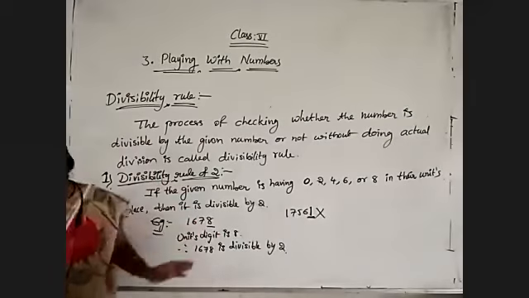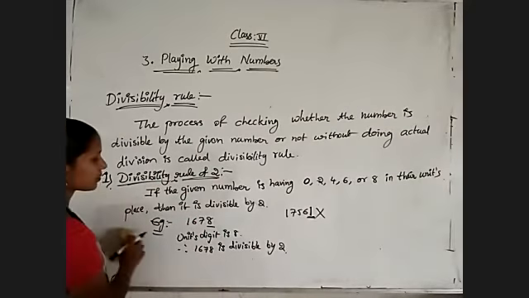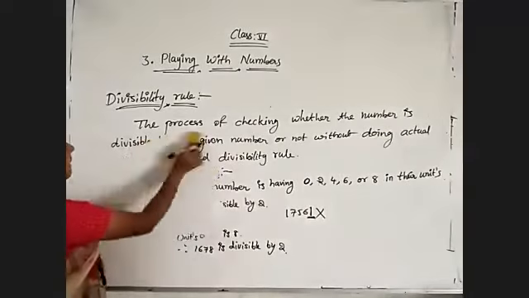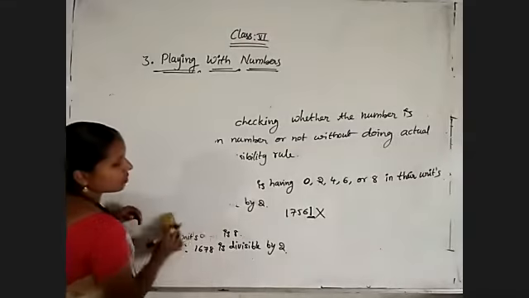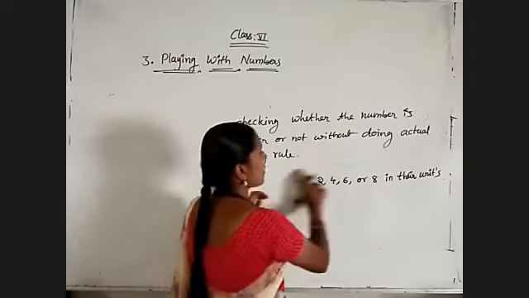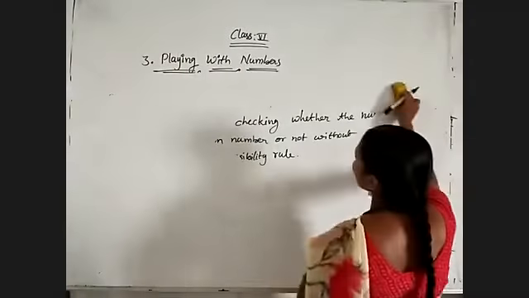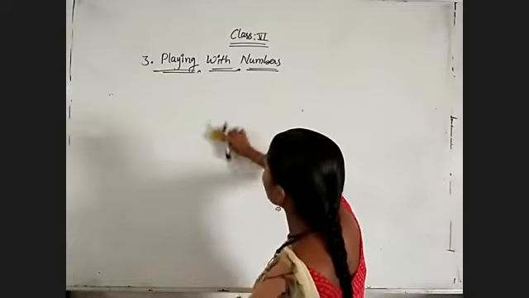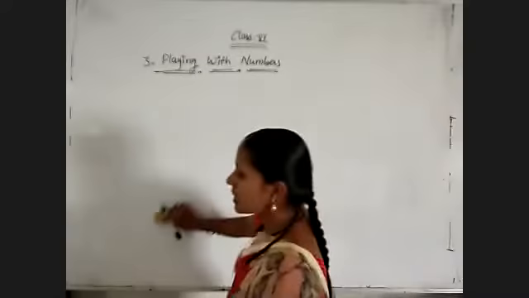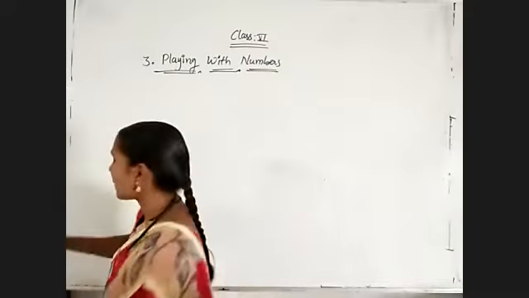Some examples I will give you. So what is the divisibility rule of 2? If a number is having 0, 2, 4, 6 or 8 in its unit place, then it is divisible by 2, otherwise it is not divisible by 2.